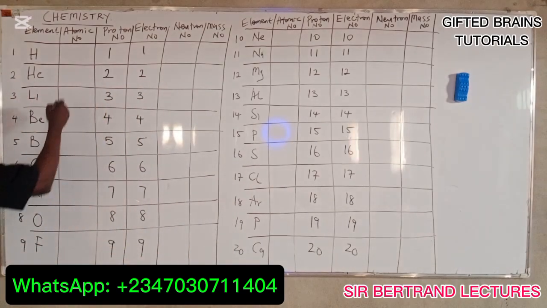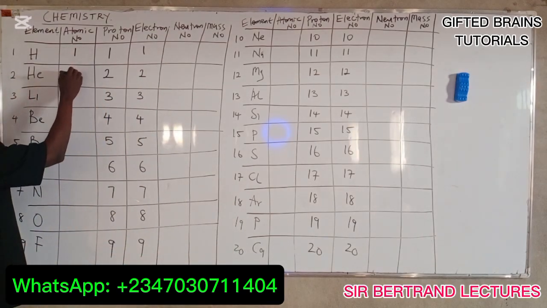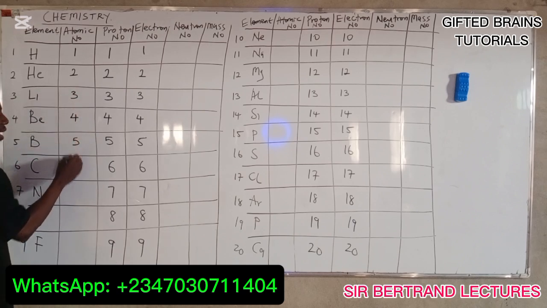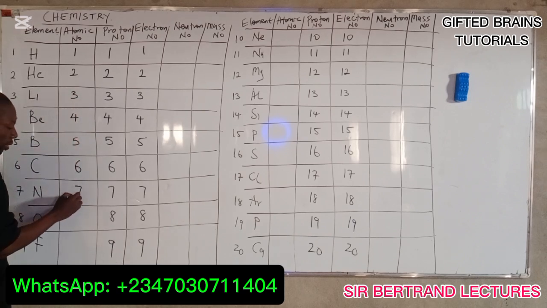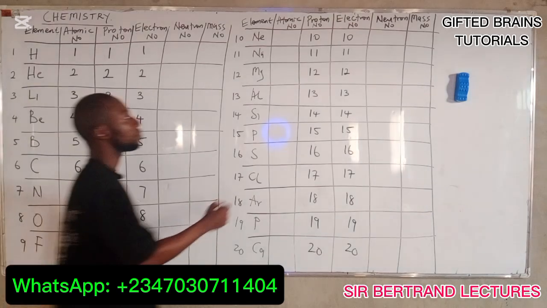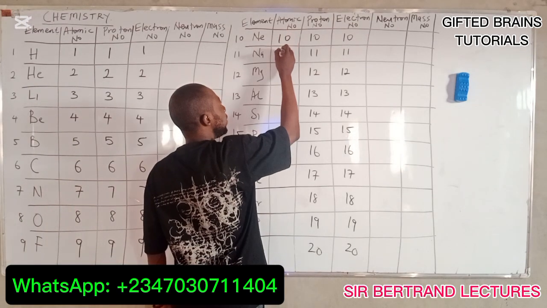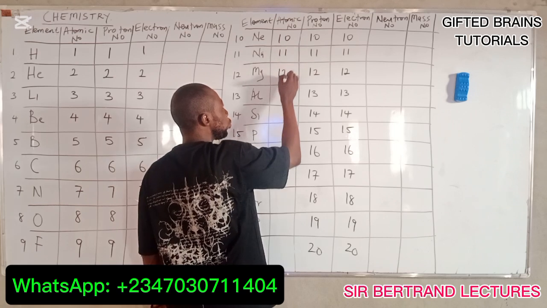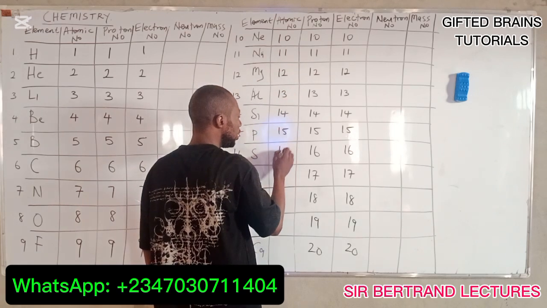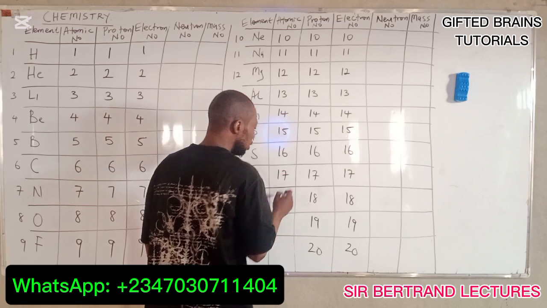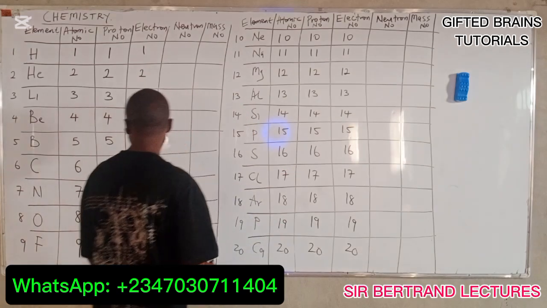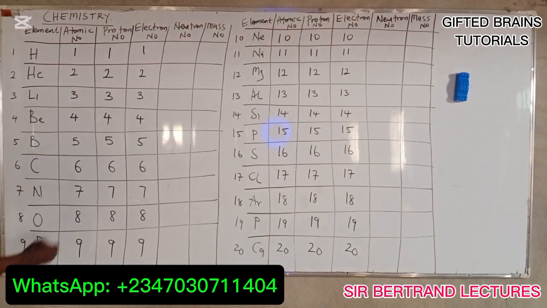Now, here we have 1, 2, 3, 4, 5, 6, 7, 8, 9, 10, 11, 12, 13, 14, 15, 16, 17, 18, 19, 20.